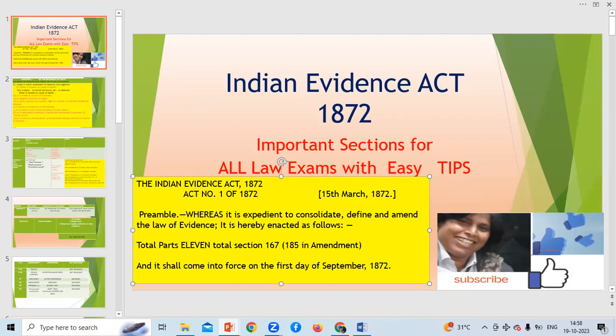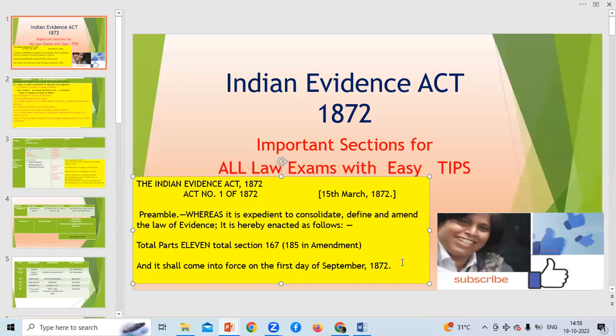The same year it was enacted, and this was passed on 15 March 1872 and came into force on the first day of September 1872. So we should remember this also. It came into force on 1st September 1872.